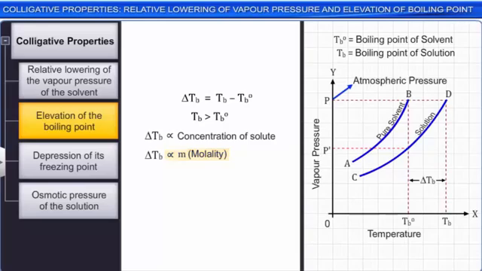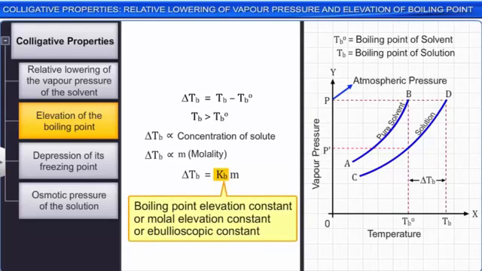Or delta Tb is equal to Kb multiplied by m, where Kb is known as the boiling point elevation constant or molal elevation constant or the ebullioscopic constant.